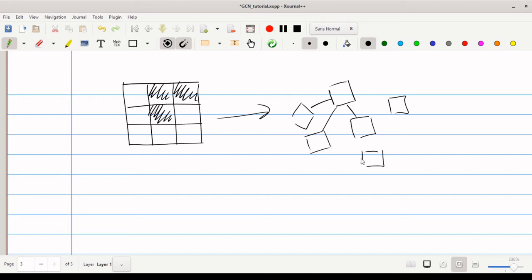But it seems that this loses some of the information. It's not just that this pixel is connected to this one and not connected to that one. We also know that this pixel is much closer to this one when compared to that one. So instead of just saying that there's an edge between two pixel nodes if the pixels are neighboring, we could say that all pixels are going to be connected, but the weight of the connection would depend on how close the pixels are.